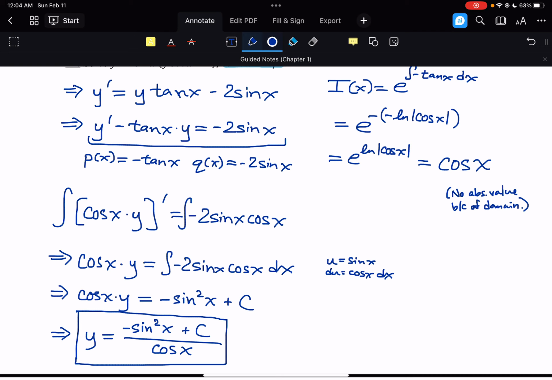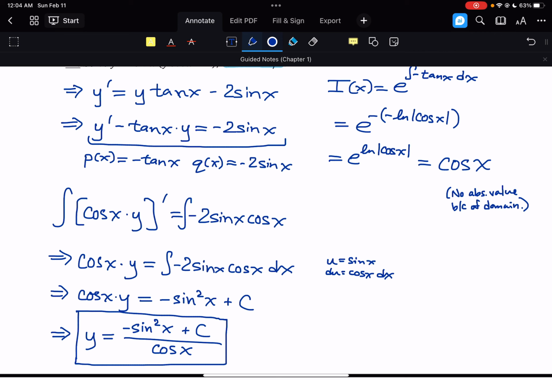There's not really any simplifications there that would necessarily make this better. In terms of simplifying it down, you can make it look different depending on which trig functions and trig identities you want to use. But this is about as simple as it gets in terms of the final answer.